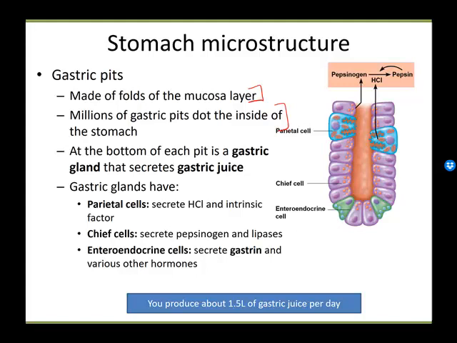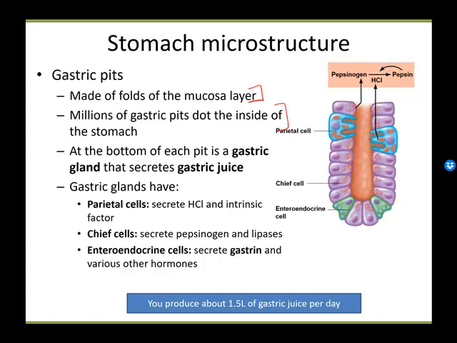And that gastric juice is a combination of water, enzymes, hydrochloric acid, and hormones. And each of these different cell types will secrete a different component of this gastric juice. The parietal cells, and those are the blue guys right here, they kind of look like fuzzy blue pitchforks to me. So the fuzzy blue pitchforks, they're going to secrete our hydrochloric acid and a special hormone called intrinsic factor.